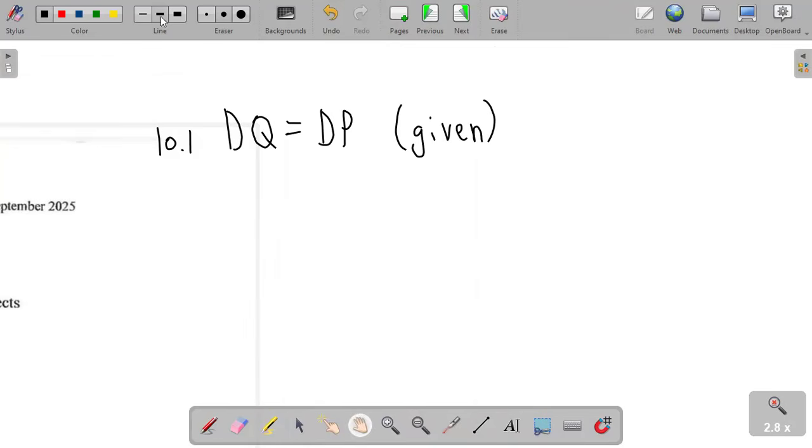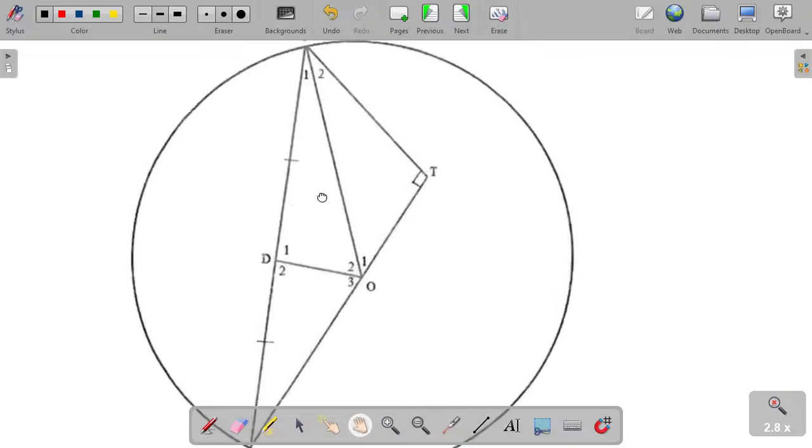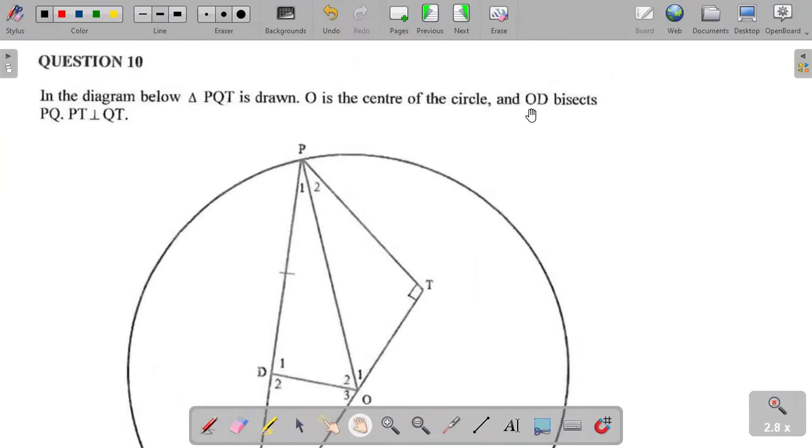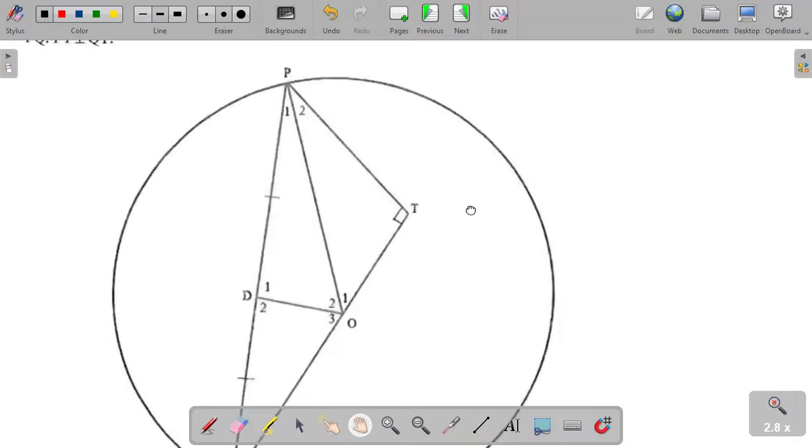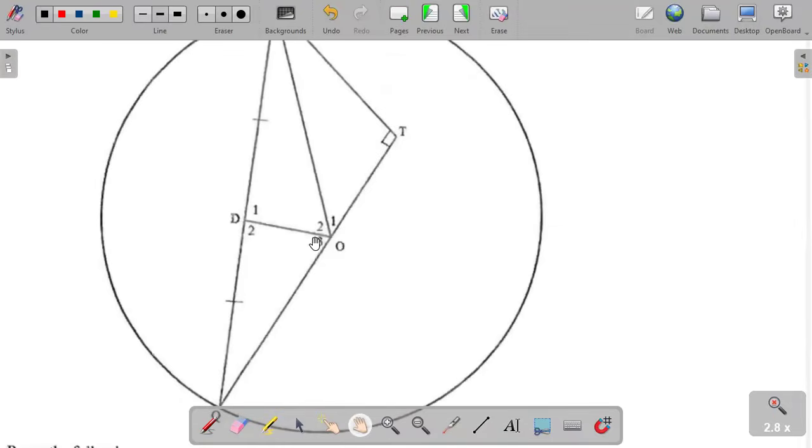OD will be perpendicular to PQ. The reason is what here? They told us that OD bisects PQ. So we also know that OD passes through the center.